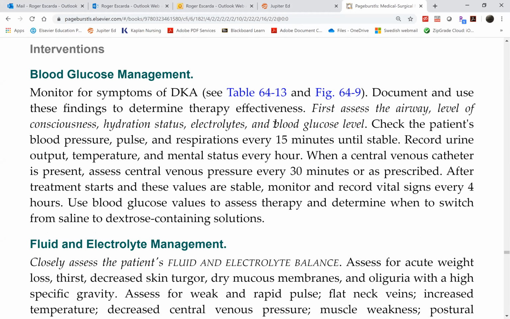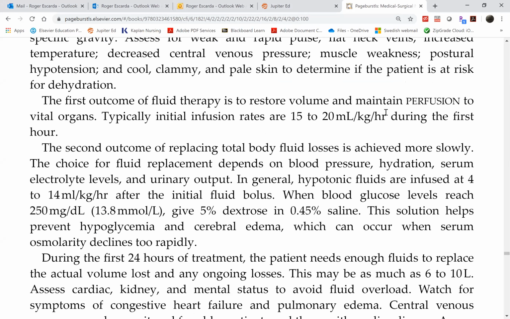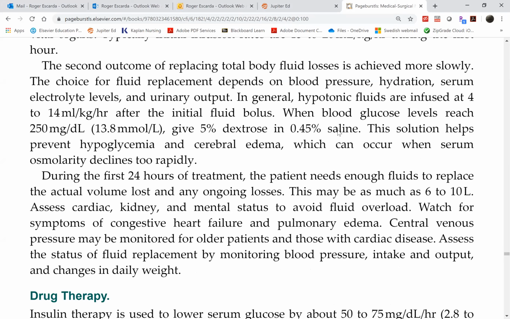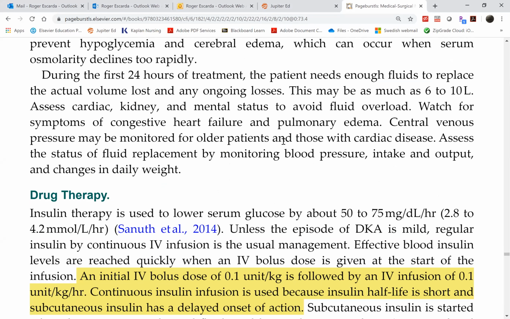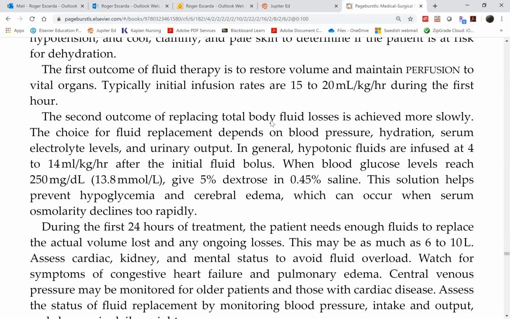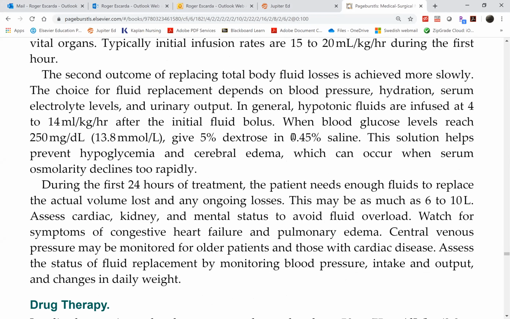So we need to start managing insulin right while the first bag is up. So while this first bag is up, now we continue with the insulin. Okay, insulin. Let's finish this part first. So after that first bag of normal saline is finished, now we switch it to hypotonic, which is half normal saline now.